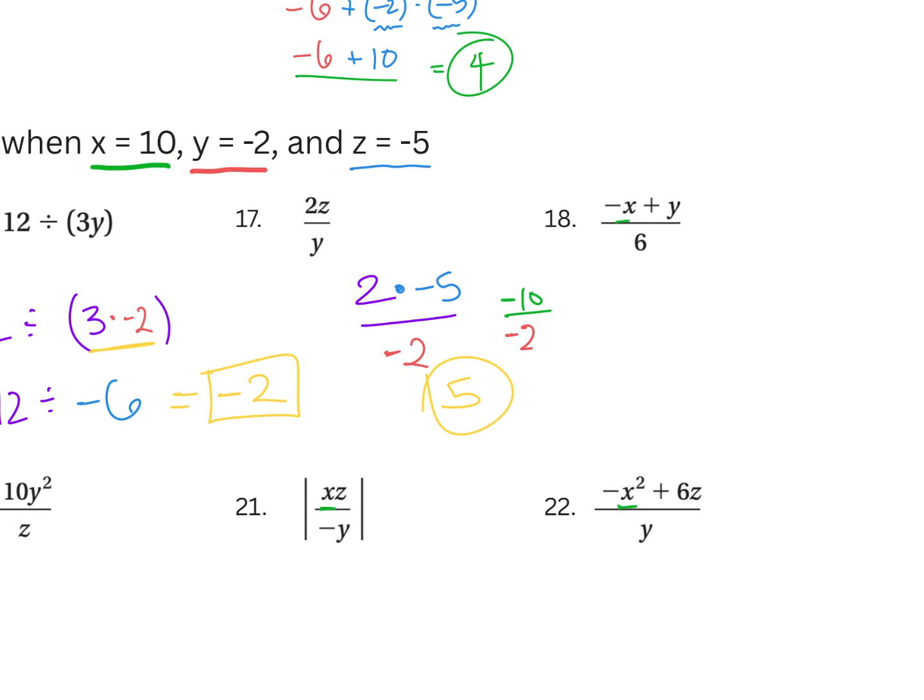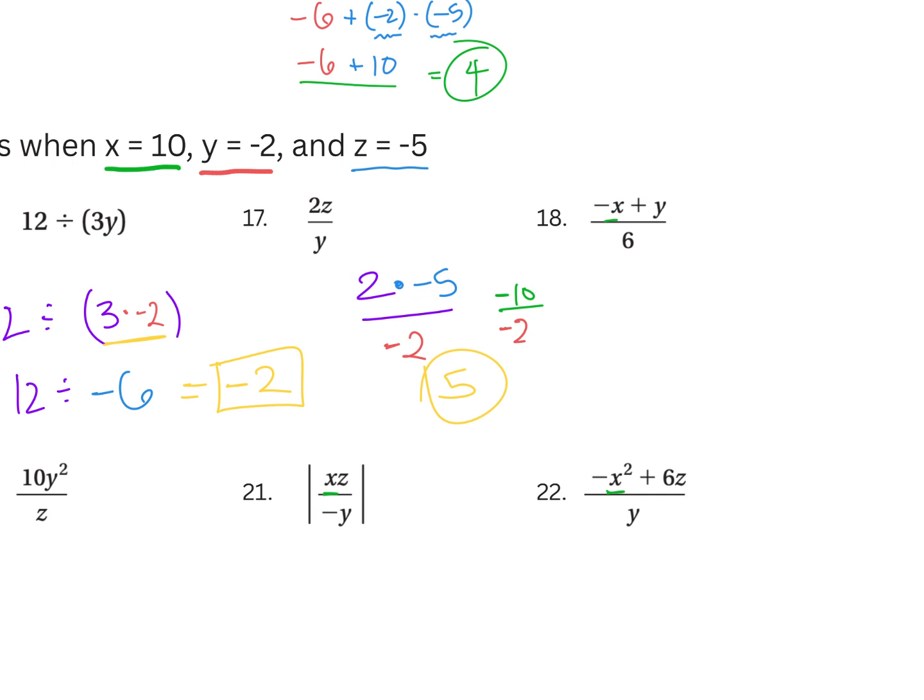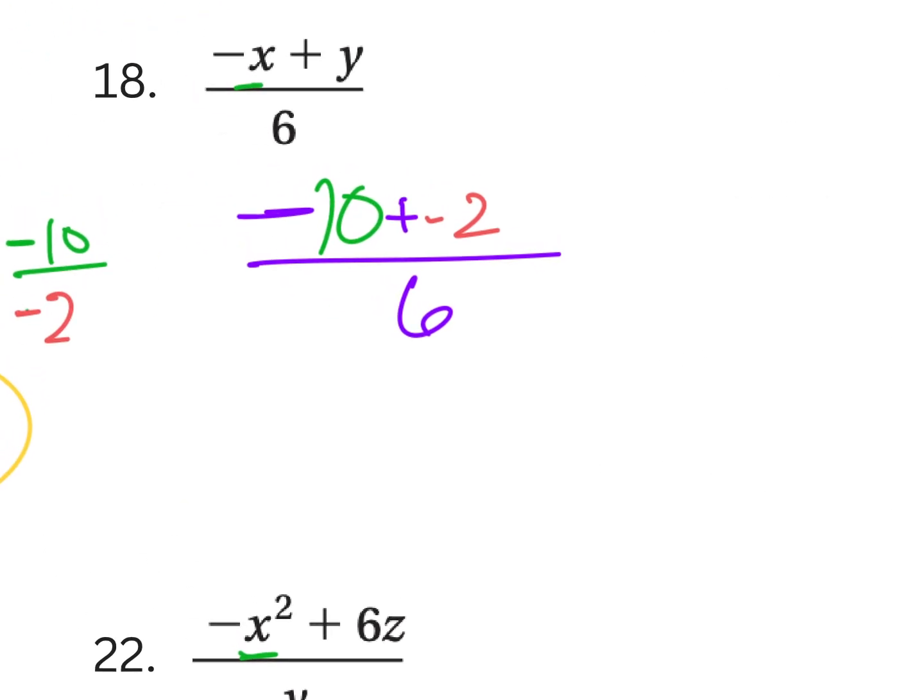I started mixing up some colors here, so I had to double check what my x was. X is 10, so we're going to have -10 plus -2 all over 6. So up top here, all we have is addition and subtraction.